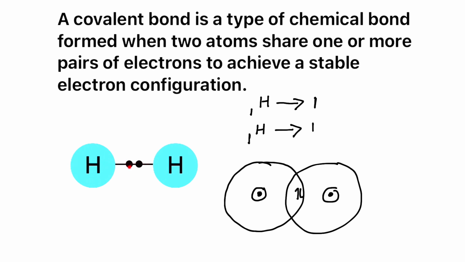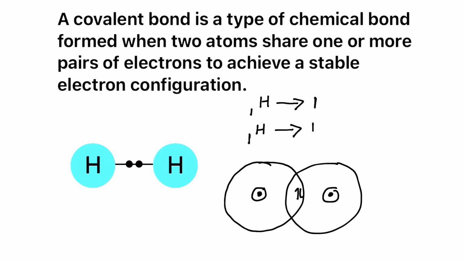So the electron cloud or the electron pair stays symmetrically between the hydrogen atoms. The pulling power of the hydrogen nucleus from both sides is exactly the same. So the shared pair of electrons stays symmetrically between the atoms.